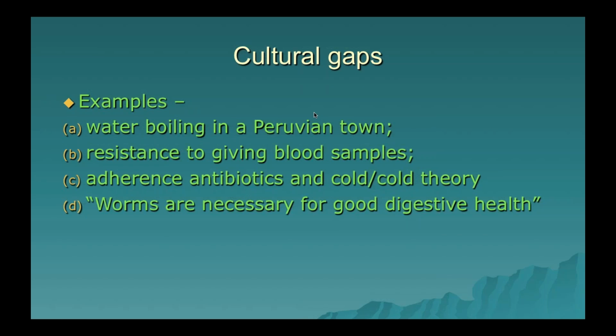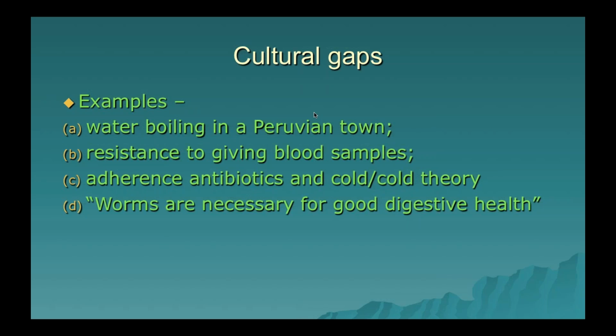Some of these studies talk about cultural gaps, that is the gap between the culture of the interventionists and the local people. So trying to explain why the promotion of water boiling didn't work in a Peruvian town, or why in another study there was such resistance to local people giving blood samples, or in another case, a famous case by Alan Harwood, why in Hispanic populations, there's a typo here, hot-cold theory of disease affects people's thinking about antibiotics.